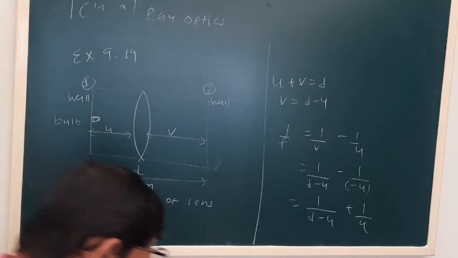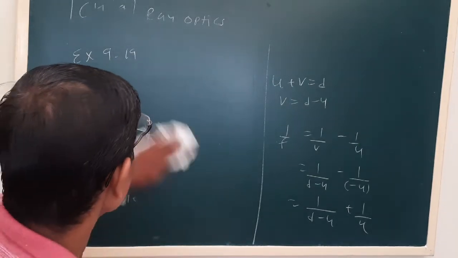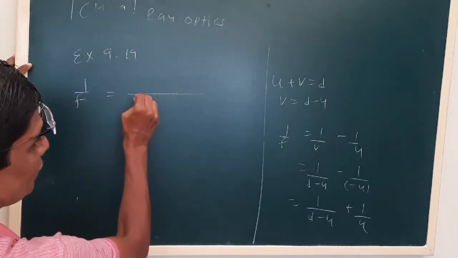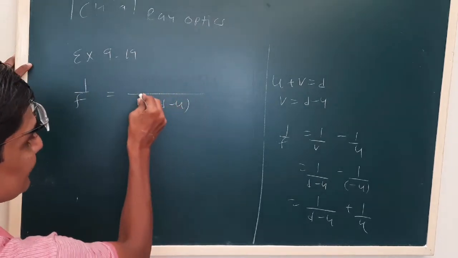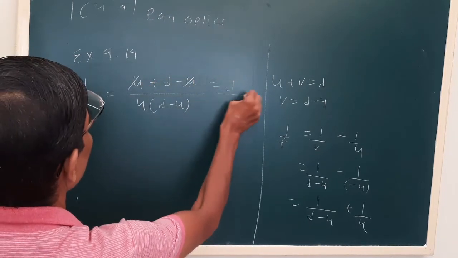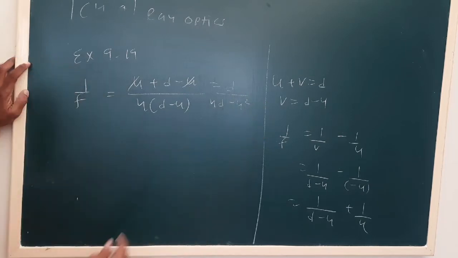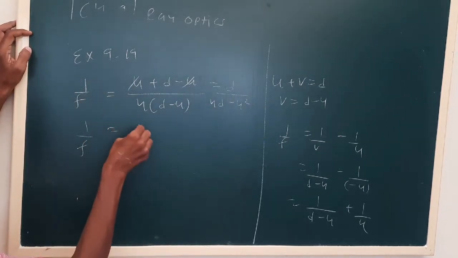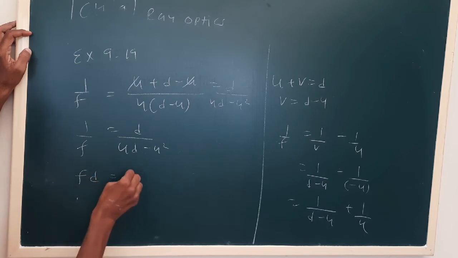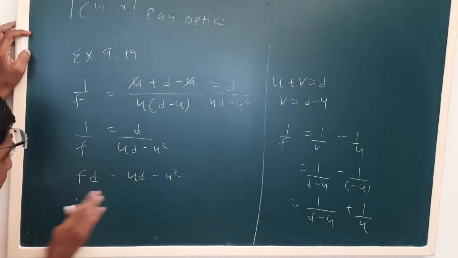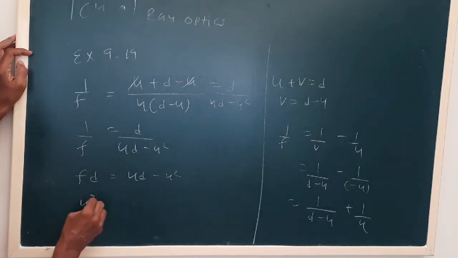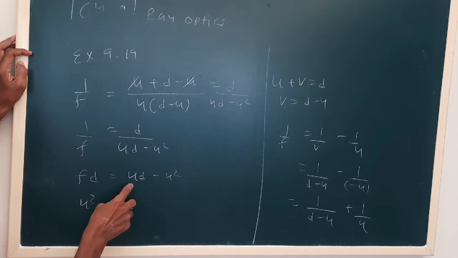Okay, now if we simplify, u into d minus u is the LCM, that will give u plus... Okay, now 1 by f is... Now this is a quadratic equation in u square minus ud plus fd.